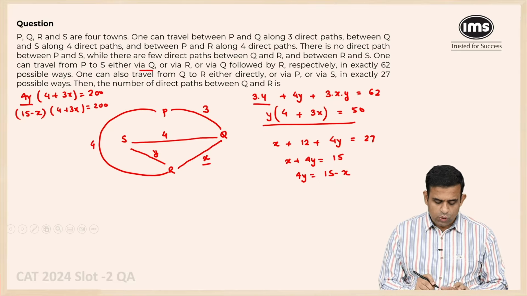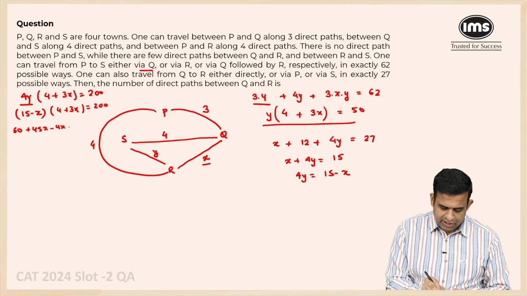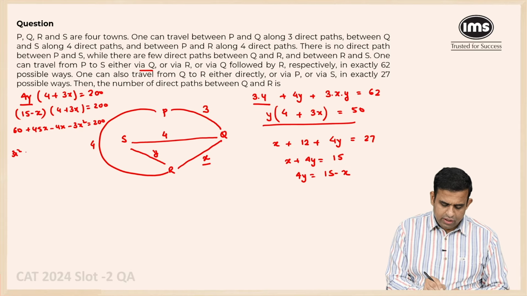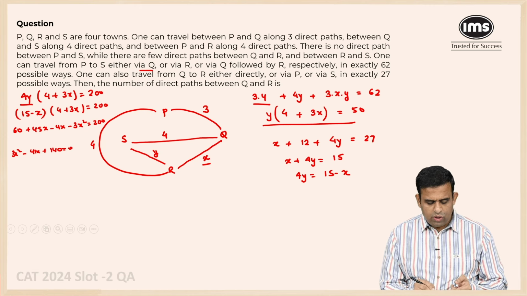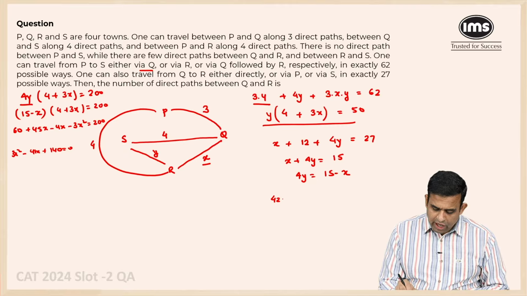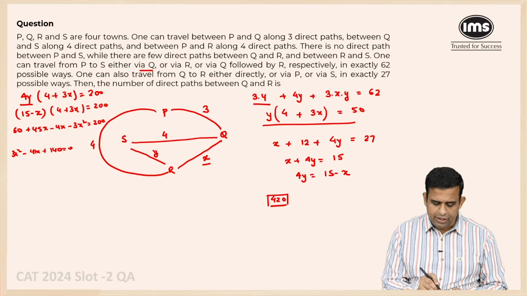If I multiply, what do we get? Solving for X, you will get 60 plus 45X minus 4X minus 3X square equals 200. If I simplify, I will get 3X square minus 41X plus 140 equals 0. Now, the multiplication of 3 and 140 becomes 420. I want to split 420 such that the sum becomes 41. So 21 and 20.